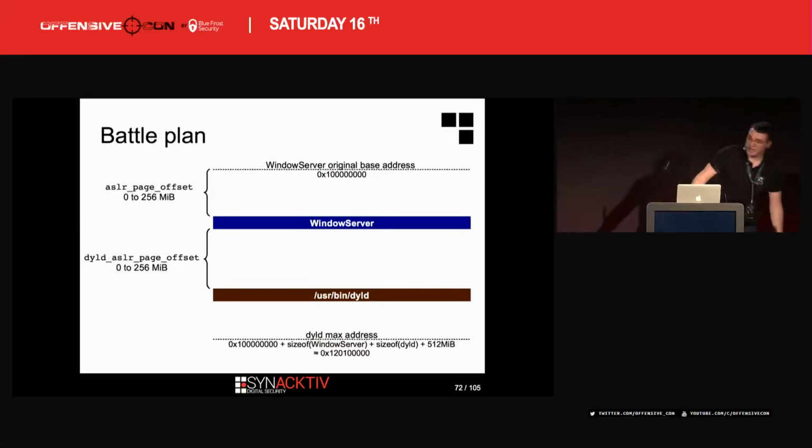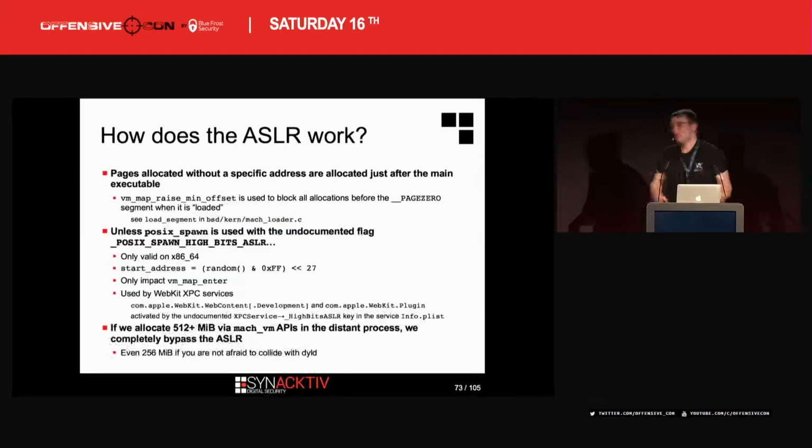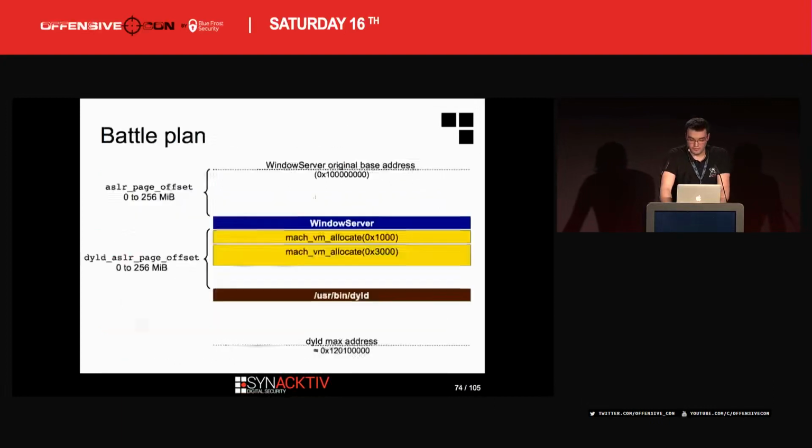Why am I telling you that? This is because when you allocate pages without specifying a base address, they will be allocated just after the main executable, unless a specific undocumented flag is used during process creation. But this flag is only used by Apple for WebKit. So that means that if we manage to force the process to allocate more than 512 megabytes of memory via Mach VM APIs, then we can hardcode the address of the pages.